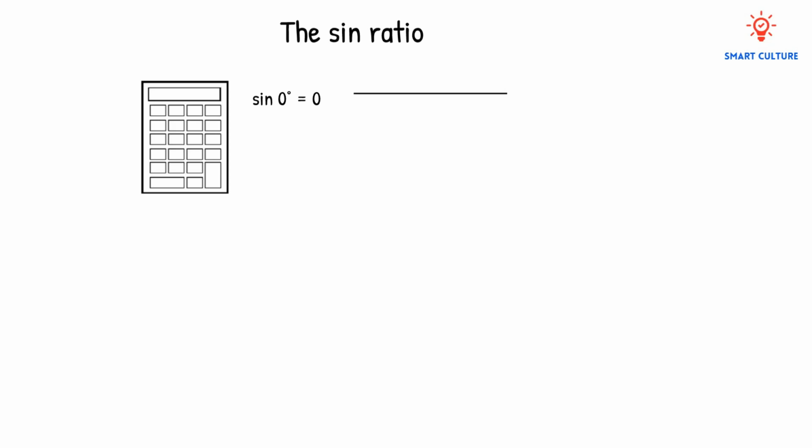So the sine of 0 degrees is equal to 0 divided by the length of the hypotenuse, and this is equal to 0. If you imagine a right triangle with a 0 degree angle, in other words, a flat triangle, the length of the side opposite the angle is 0. So on a number line, this places us right at the origin.